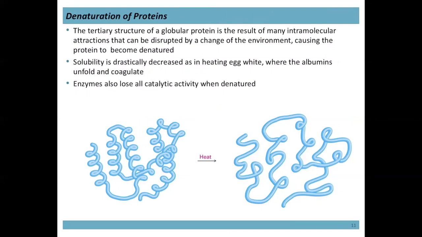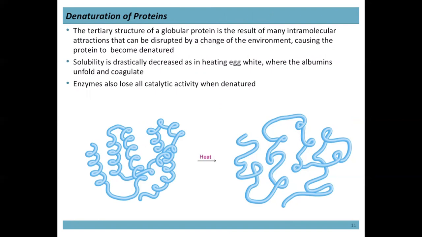You can denature a protein by changing the conditions that it's in. You can change the temperature. You can mechanically disturb them, but the definition of denaturation is the loss of the tertiary structure and the secondary structure.